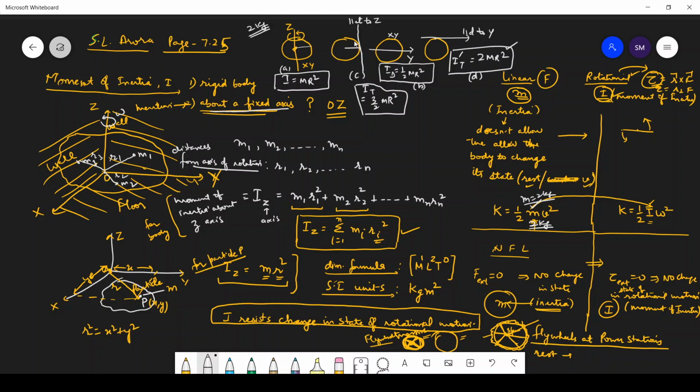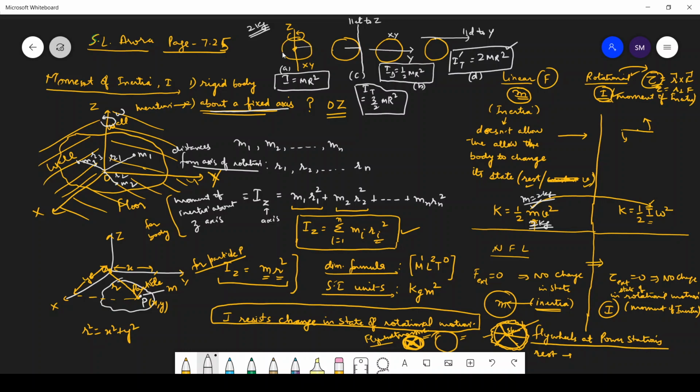See, this whole body will rotate. See, this is the axis of rotation, and this ring is rotating around this axis, this whole ring. Here it was rotating at its own position, this ring.